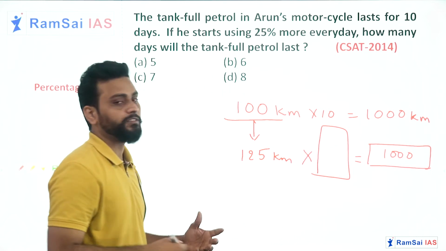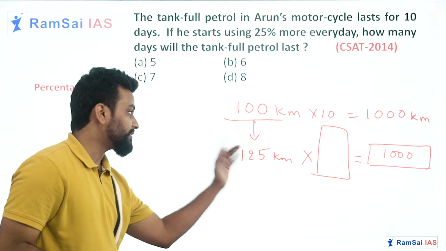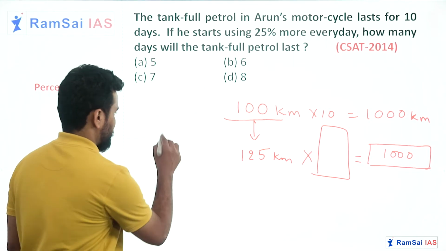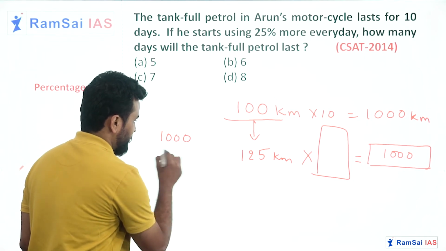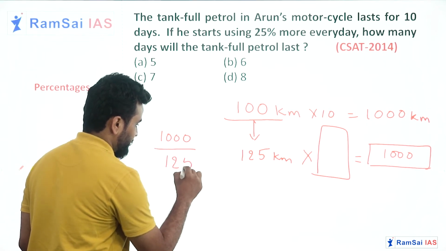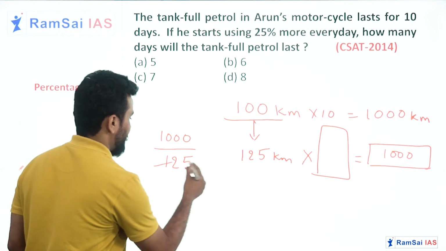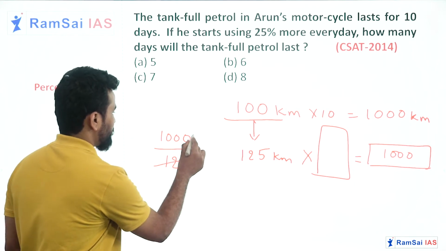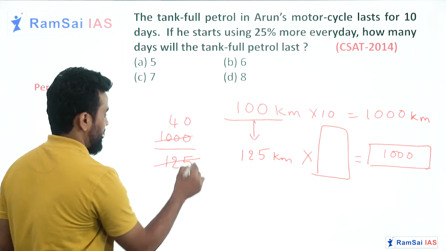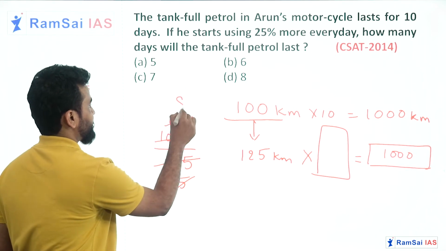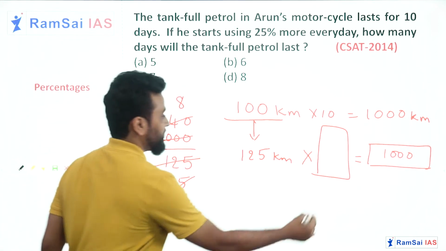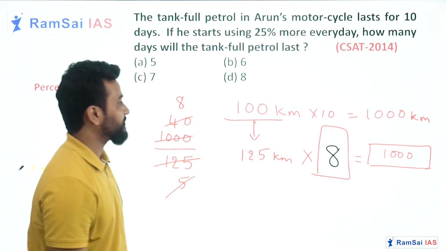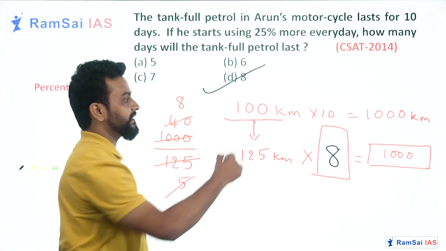This is what we need to find out. So 1000 by 125 gives you the answer. How much is it? 25 5s are 125, and 5 8s are 40. So the answer is 8 days. Option D is the answer.